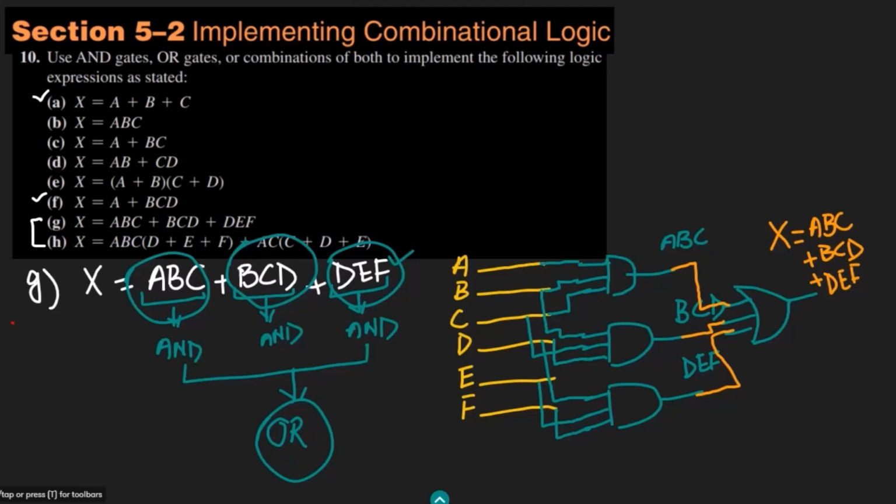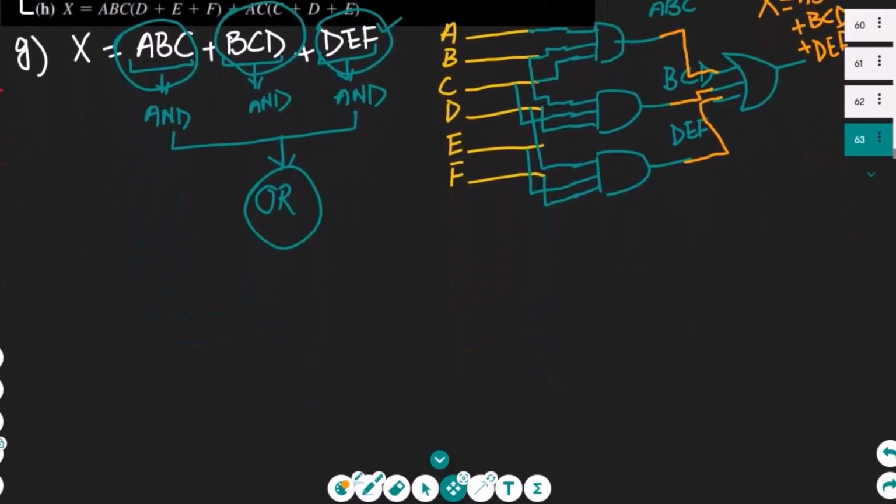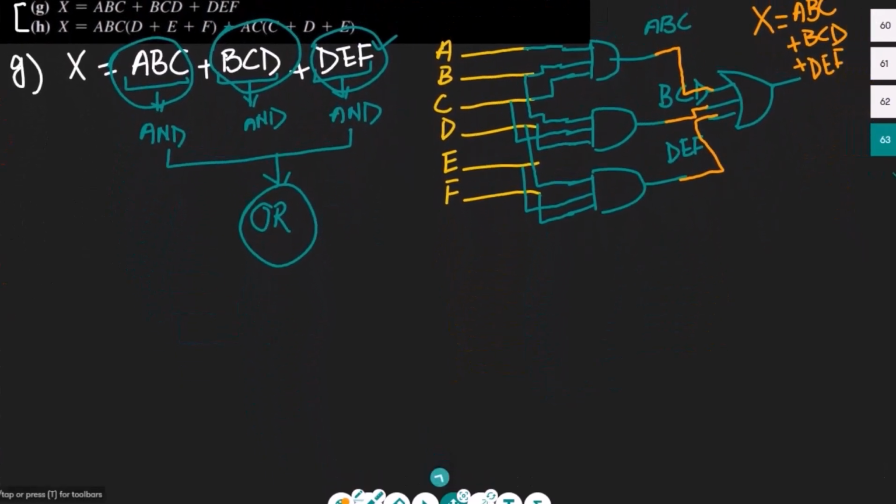Similarly for part H, let me move down. How many inputs do I have? Let me first write the statement for it.